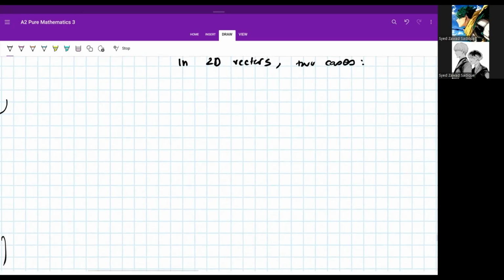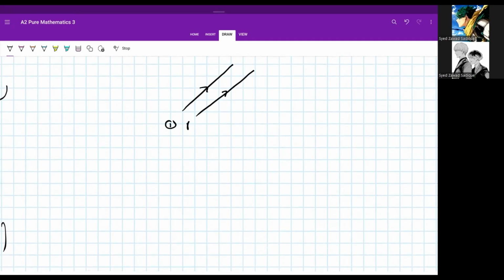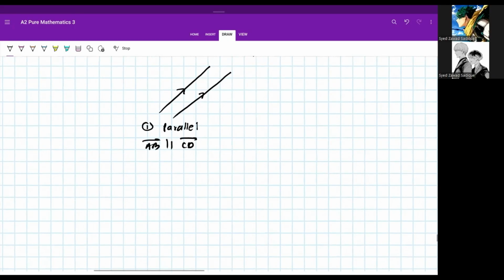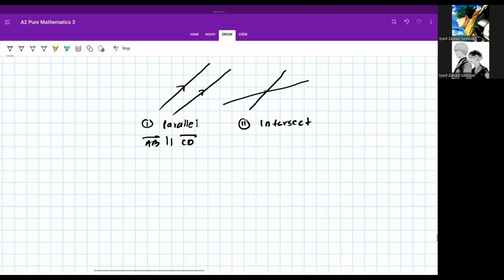Okay, so in 2D vectors, two cases. Number one is parallel, say AB, CD, or they can intersect. However, we are not working with 2D vectors.